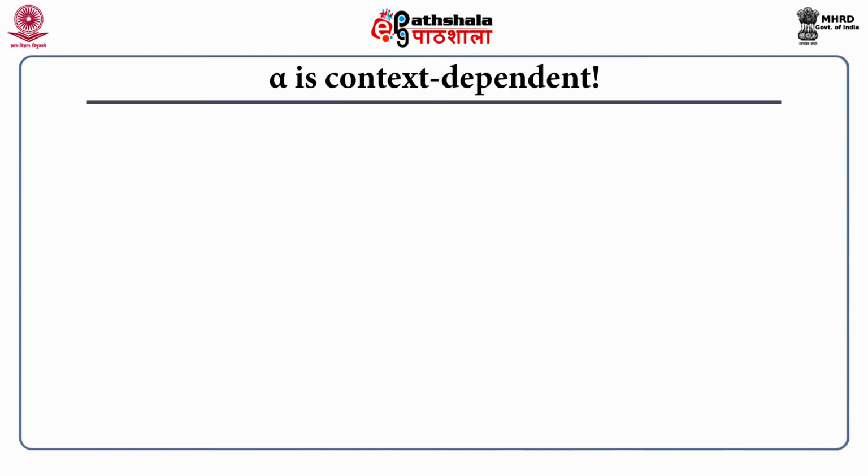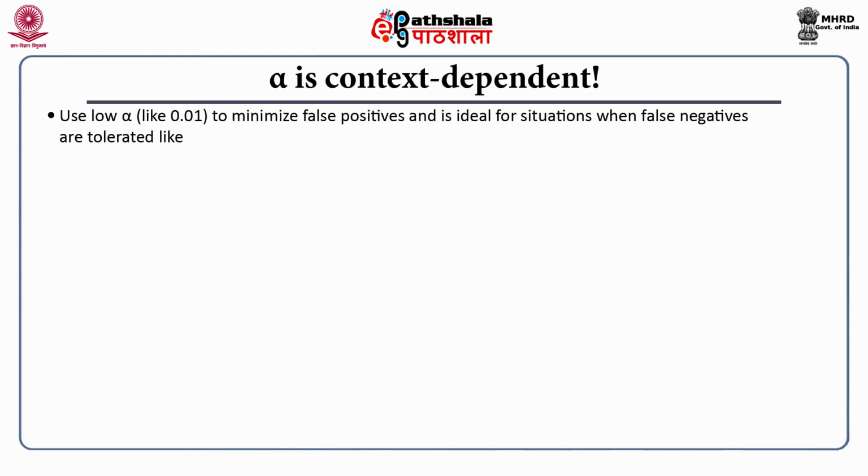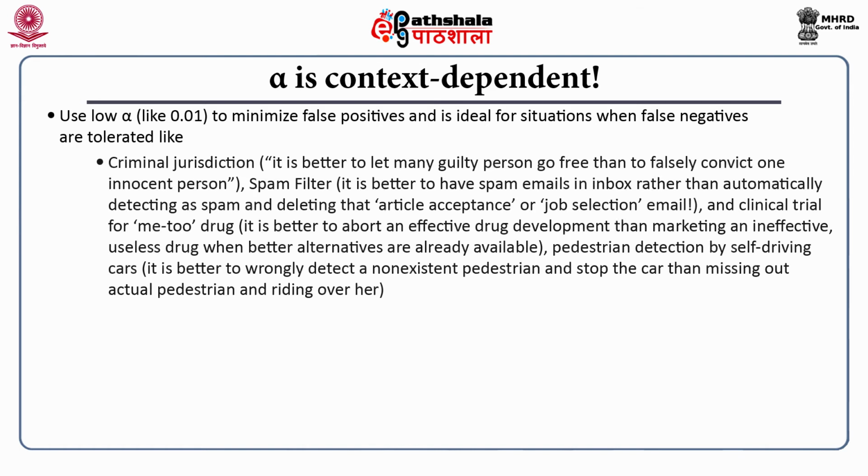Now alpha is context dependent. Use a low alpha like 0.01 to minimize false positives, which is ideal for situations when false negatives are tolerated. For example, criminal jurisdiction. Why? It is better to let many guilty persons go free than to falsely convict one innocent person.